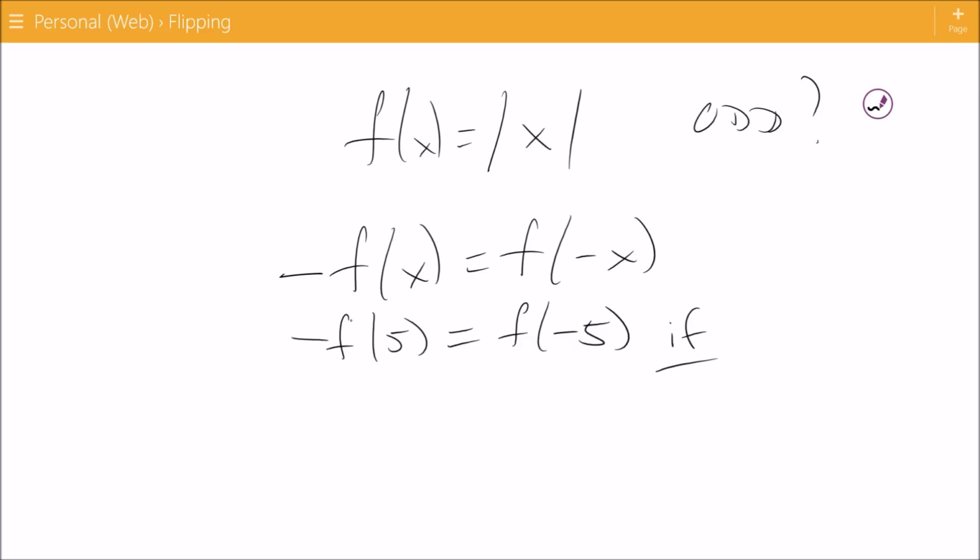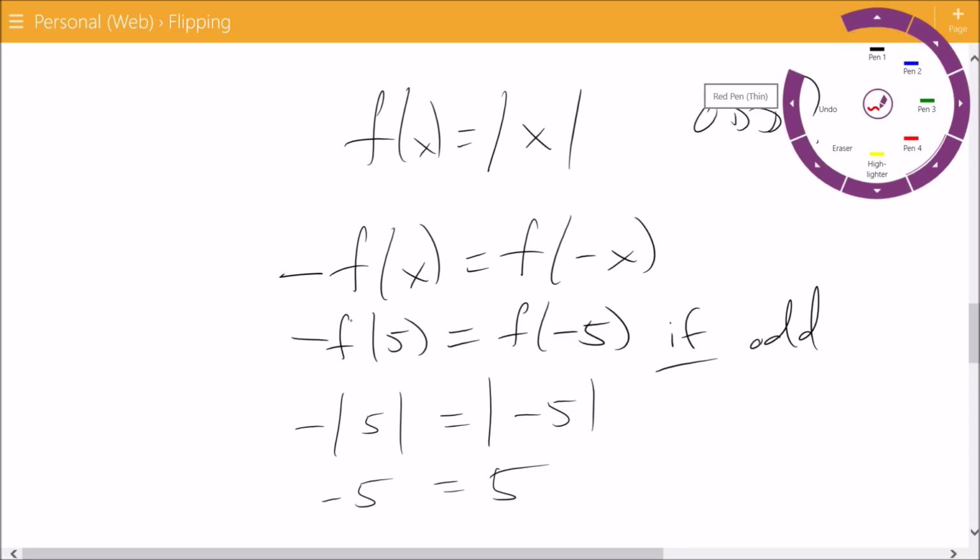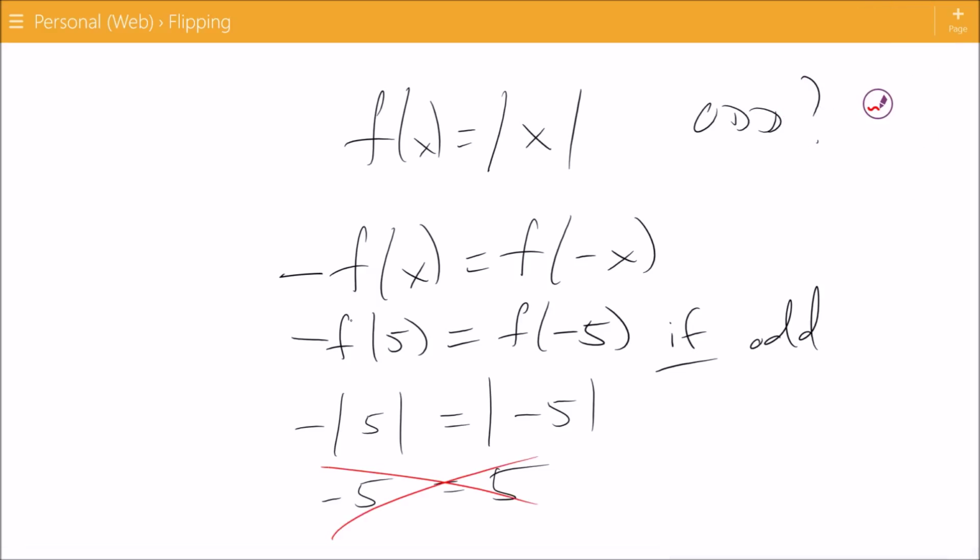Negative absolute value of 5 should be equal to the absolute value of negative 5. Simplify this, absolute value of 5 is 5, but then I have to add that negative that's out in front. And the absolute value of negative 5 is 5. This does not work. Therefore, not odd.